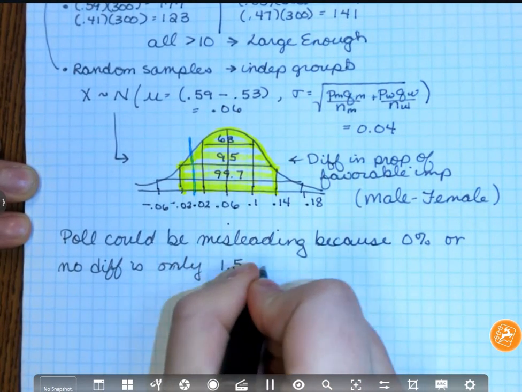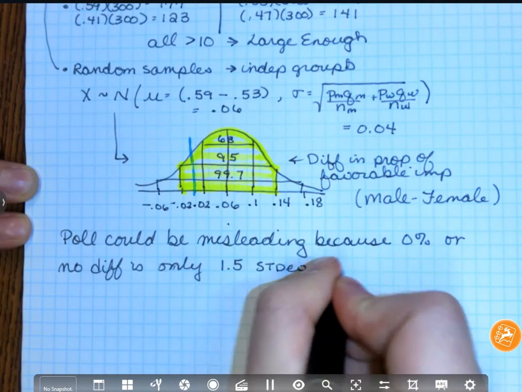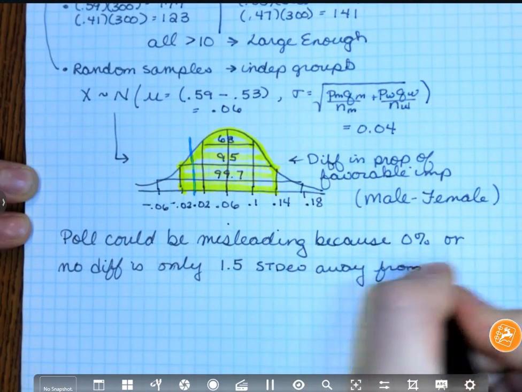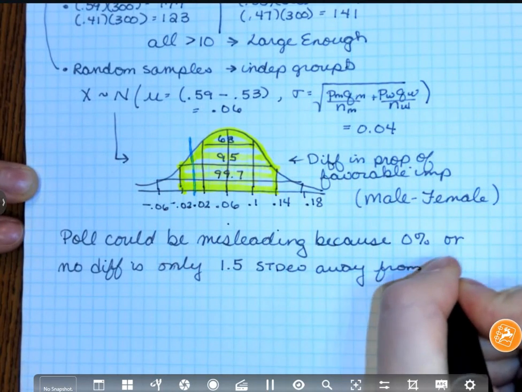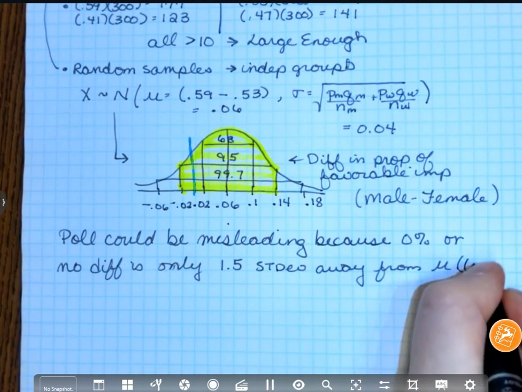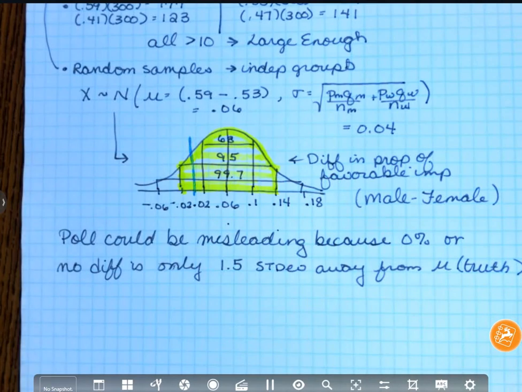Only 1.5 standard deviations away. Or the truth. Does that make sense what we've got going here? There's a lot in this mess, isn't there?